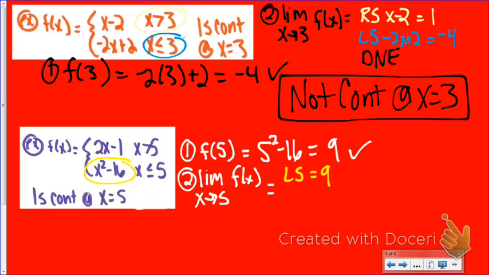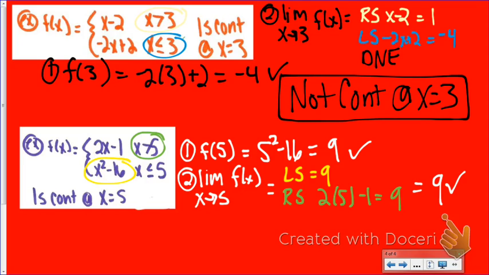Then I'm going to do the right side, which is everywhere where it's greater, and it's greater at 2x minus 1. So I'm going to do 2 times 5 minus 1, and I get the value of 9. So both my left side and my right side are approaching 9, which means that limit does exist, and that limit is equal to 9.